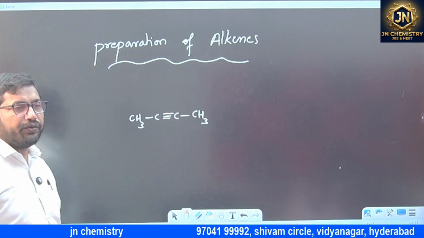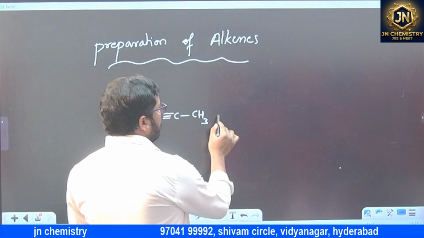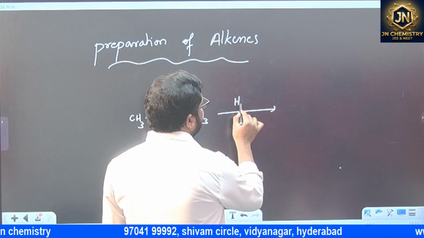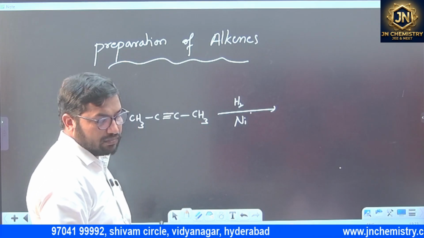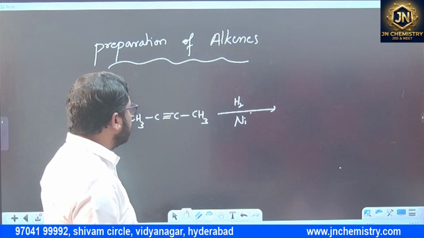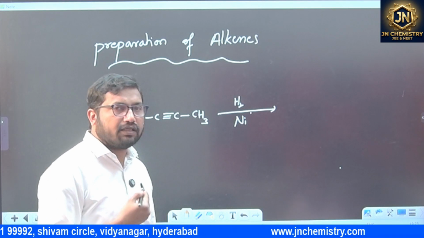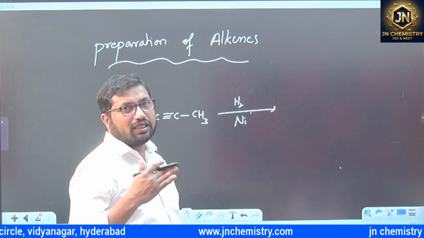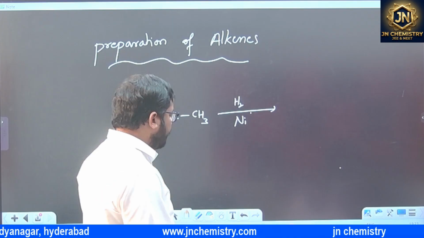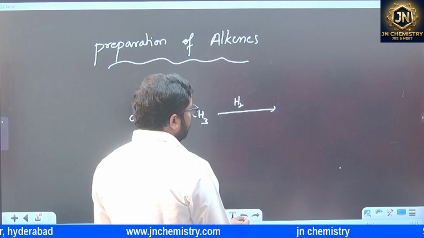So actually, if you are doing hydrogen in presence of nickel or platinum or palladium, what exactly happens? We'll get alkene, and the alkene reacts further, and we get alkanes. So we can't stop at the alkene level.